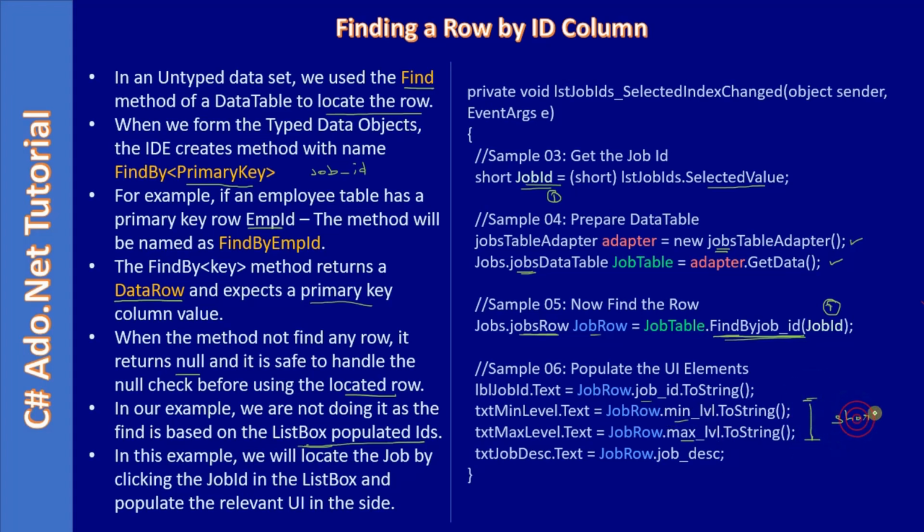So that's why we are converting them to string and storing them in the relevant text boxes. And the job description, we know that it is a string, so we are directly assigning that to the specific UI. So this is a label, and these are three text boxes, and all these UI elements are populated from our located job row.